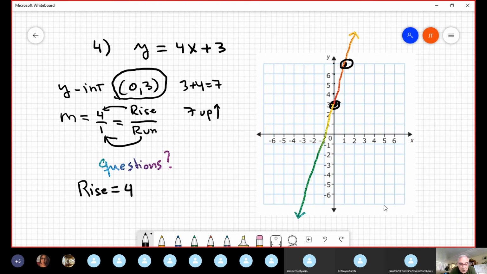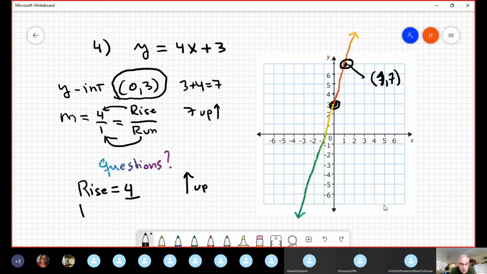Therefore, that means you are moving up, because it's positive, up 4 units. We are at 3, 4 up is 1, 2, 3, 4. It's 7, no? This point, by the way, is the point 1, 7. Do you understand this idea? 7 up is 4. Yeah, now I understand.